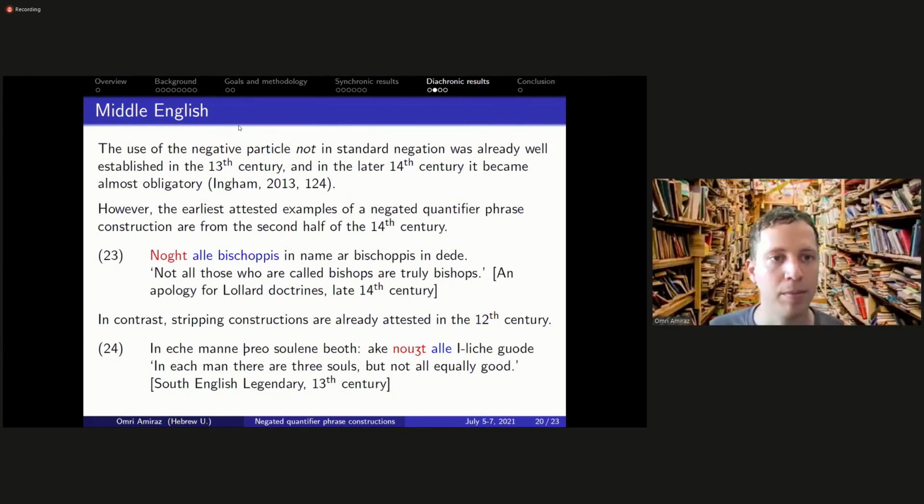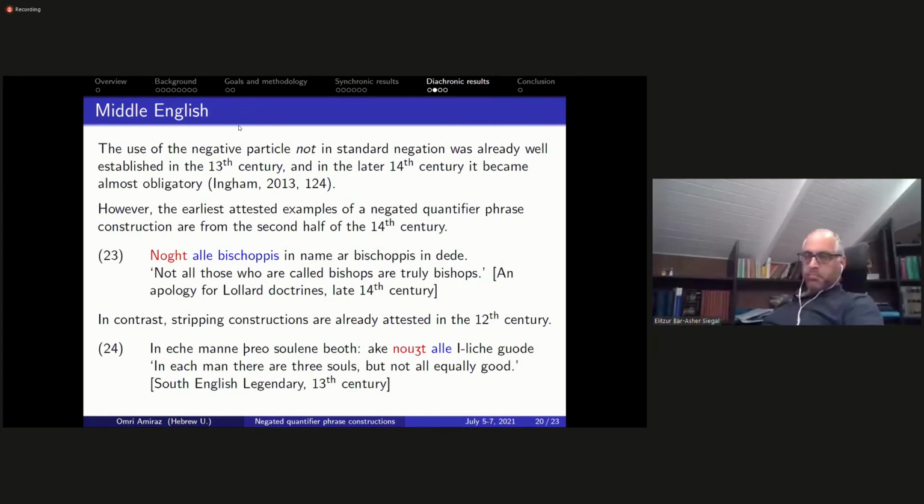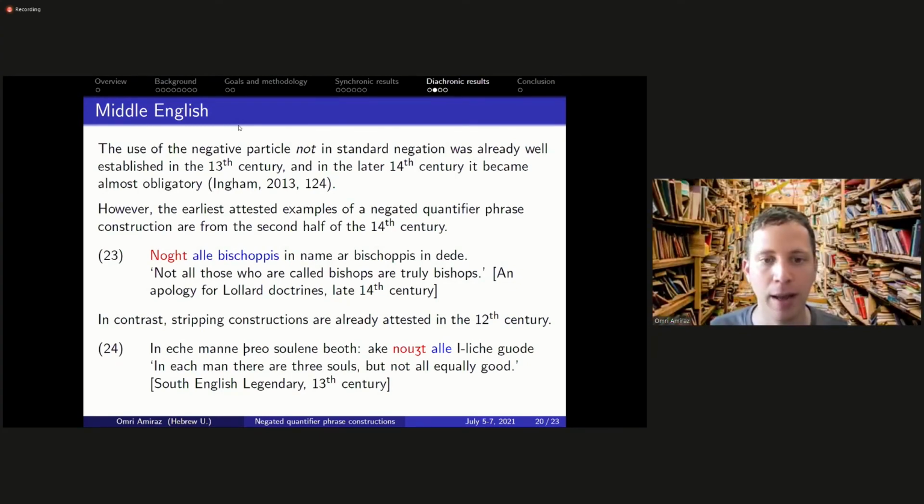Okay, so definitely the corpus doesn't represent all registers of the language, but what I did to overcome the limitations of this corpus is to see if a translation uses a different construction than the one that's used in the source text.